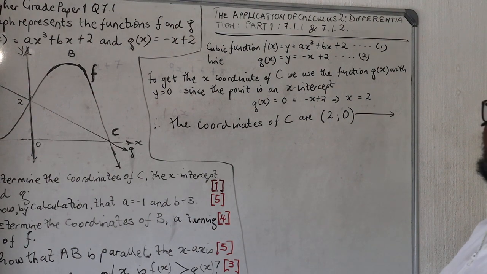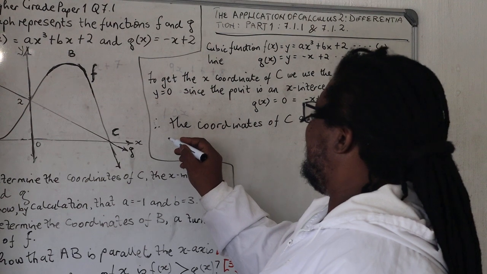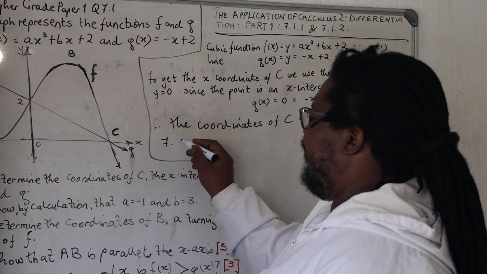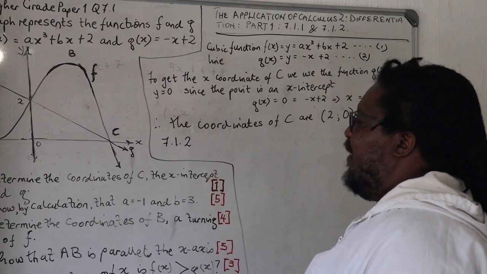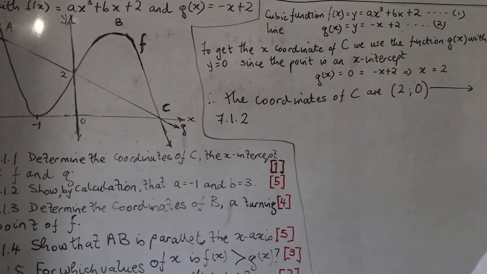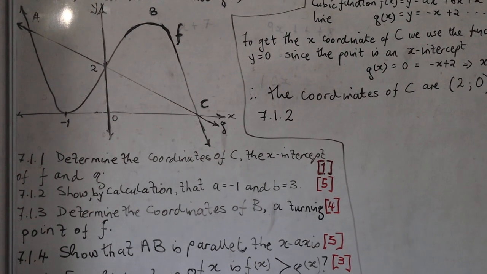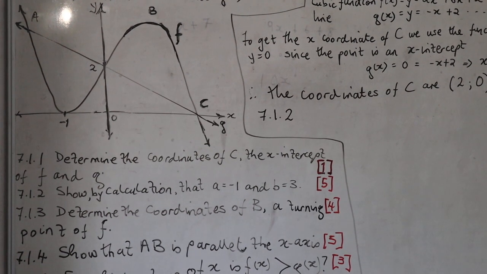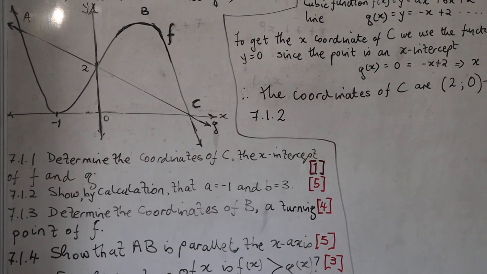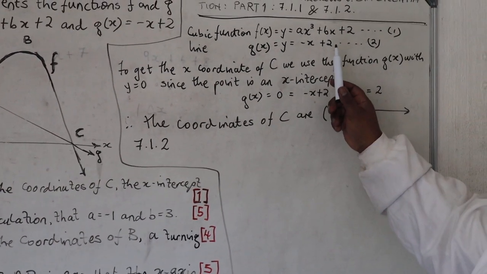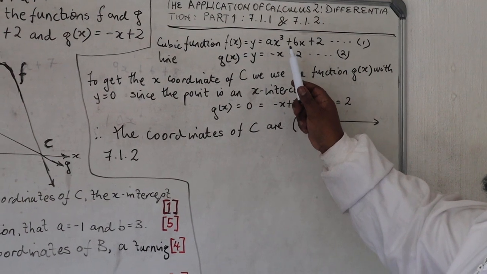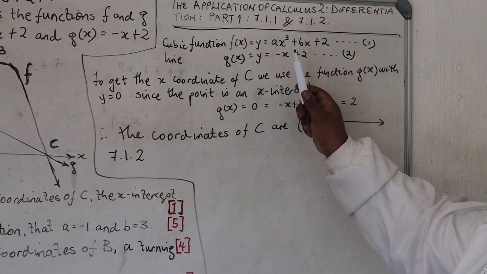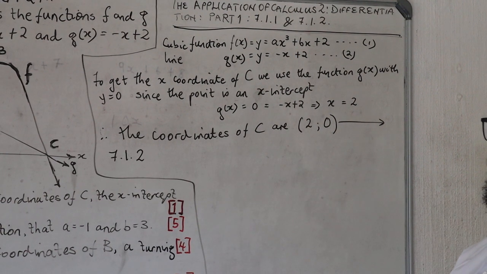So now we go to question 7.1.2, and question 7.1.2 says, show by calculation that a is equal to -1 and b is equal to 3. In other words, they want us to find the two constant unknowns in the cubic function, and for us to do that, we need to find two equations in the two unknowns.